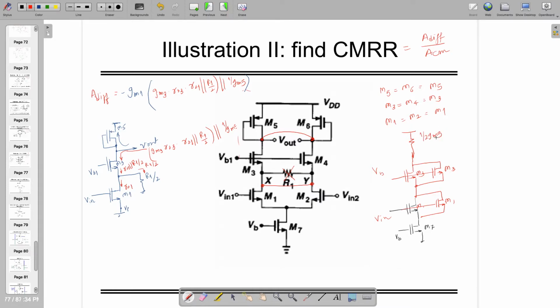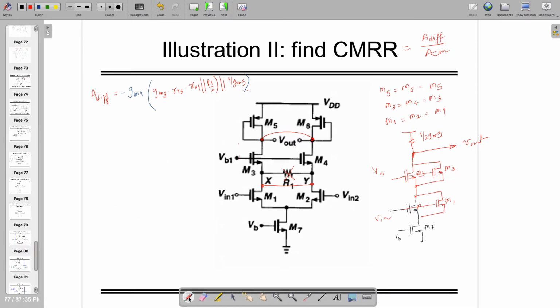Okay, now this is the V out we are taking, right? In the case of, first of all, writing the common mode gain with our practice, if you're writing on absolute scale, it's minus 1 by 2 GM1, because 2 GMs are there, plus RO7.